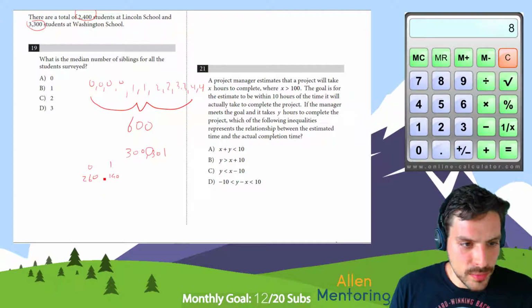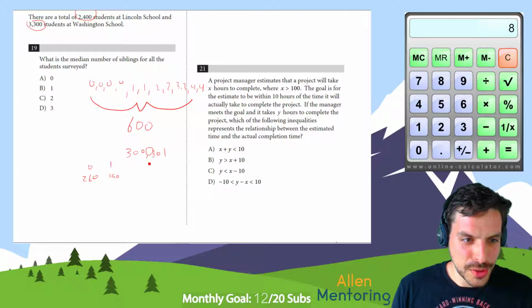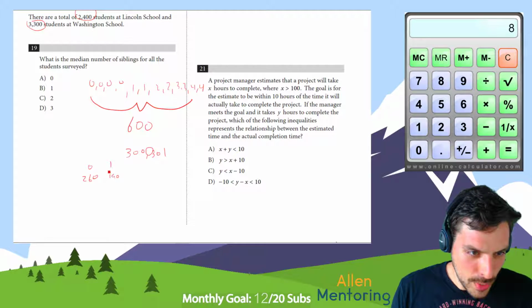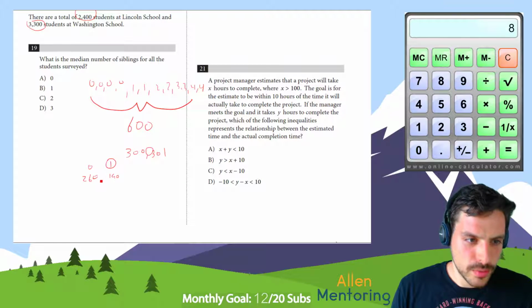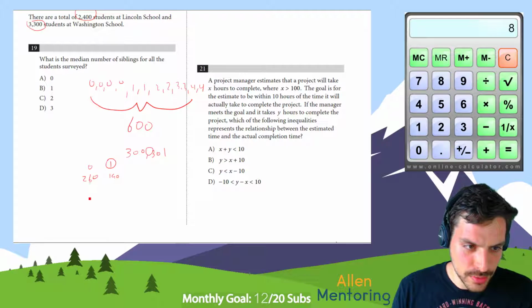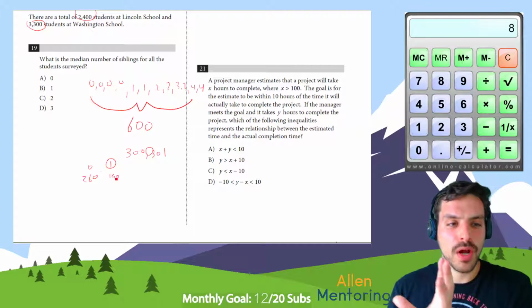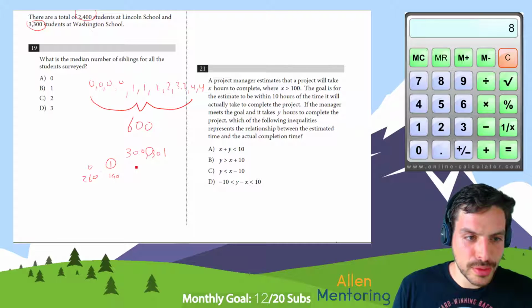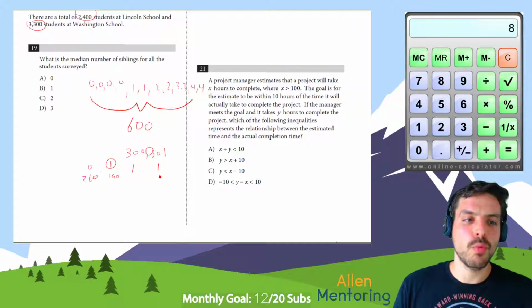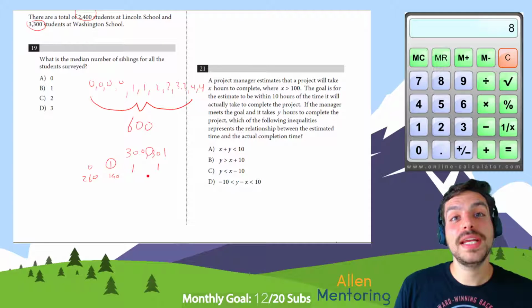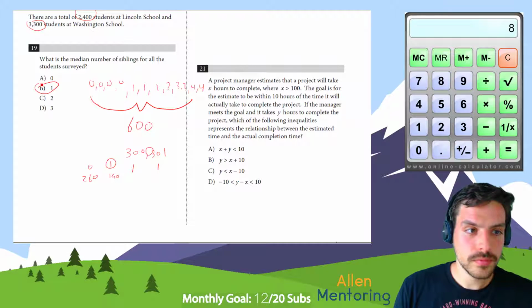Well, the 300th and the 301st numbers are going to come in this 1 zone, right? Because there are 260 zeros. Imagine those in a row. Then we're going to have 40 ones, and then 150 more ones. So the 300th and the 301st numbers are both going to be 1. Hence, the median will also be 1.